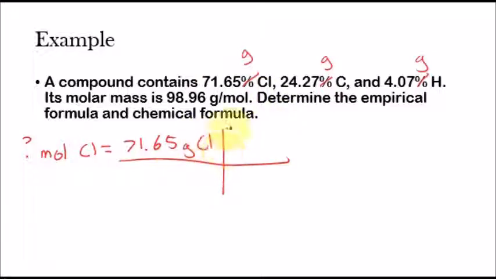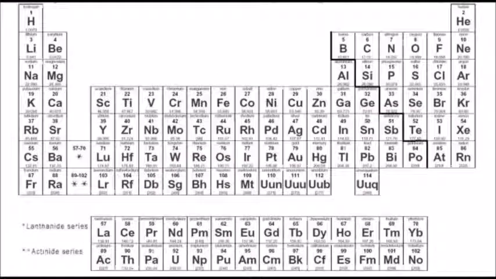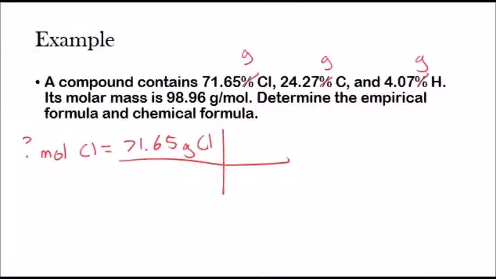Make sure you watch that video because we talked about how to convert from grams to moles. It's very simple. If you look at the periodic table, you will notice that the average atomic mass of chlorine is 35.453. Therefore, 1 mole of chlorine has a mass of 35.453 grams.